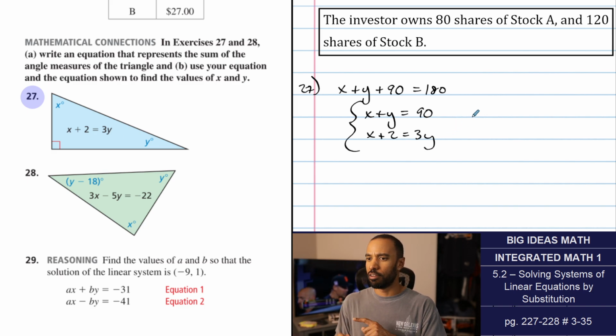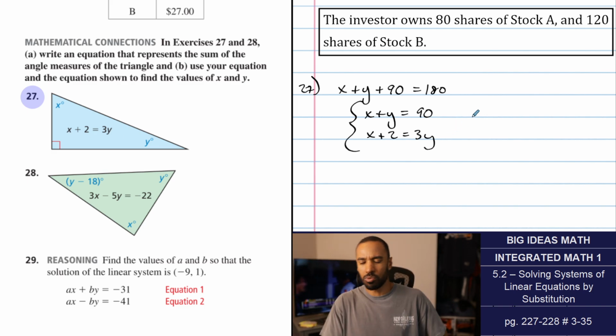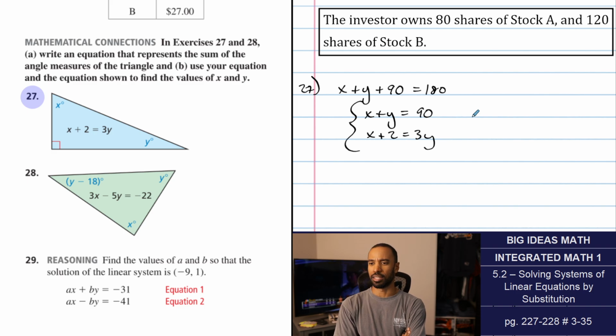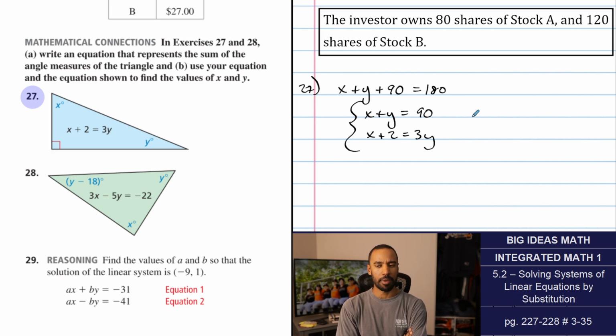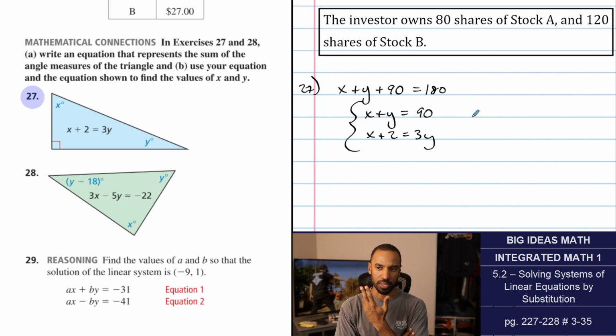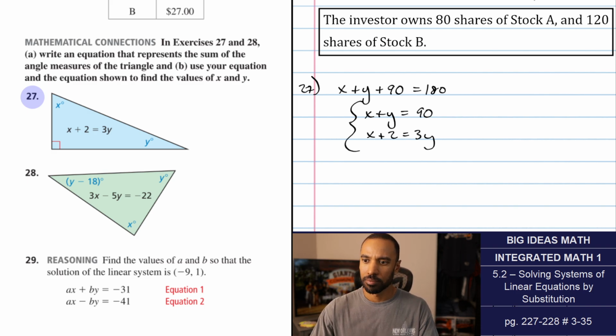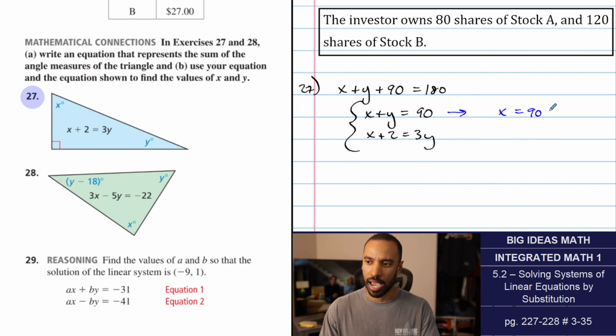Neither of these has a variable isolated just yet, and it doesn't really matter which one here. Let's do the top x, so we don't have to distribute. x equals 90 minus y, and let's substitute in the bottom equation.